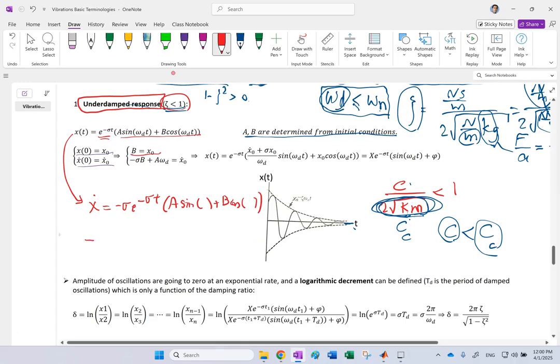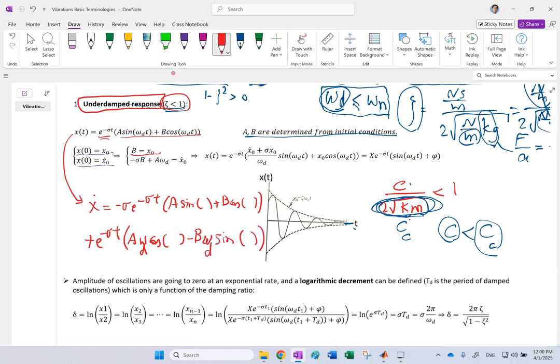Now plus the exponential times what? The derivative of a sine omega d t is a omega d cosine omega d t. The derivative of that is negative b omega d sine of that omega d t. That is your x dot. Now here, if you plug in 0, what would you get?